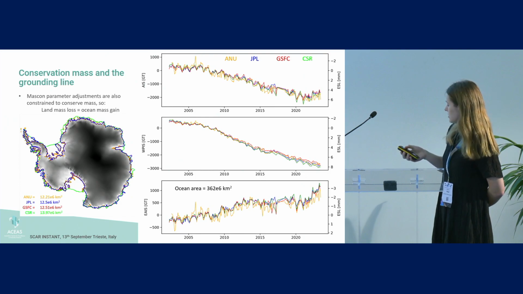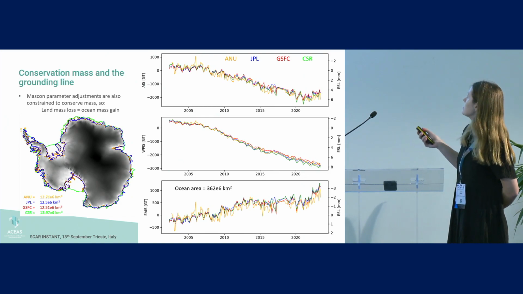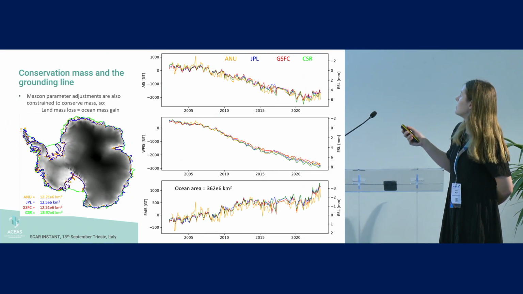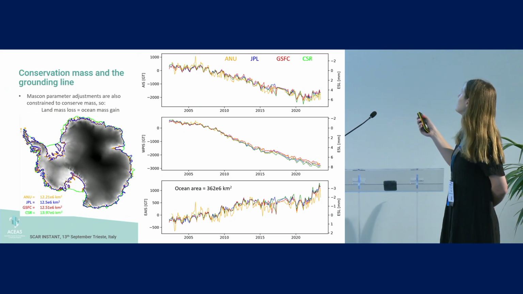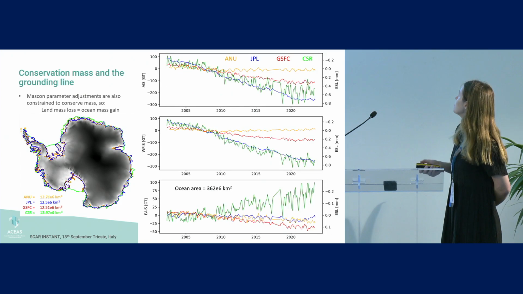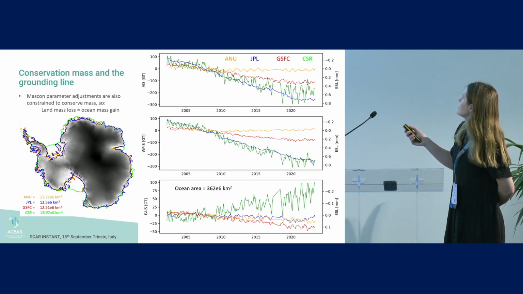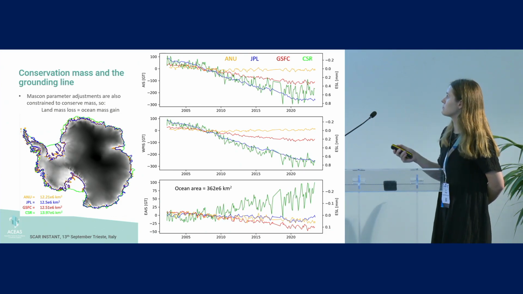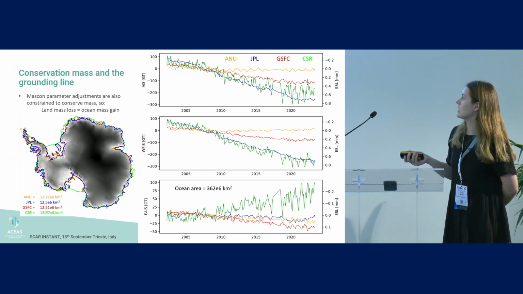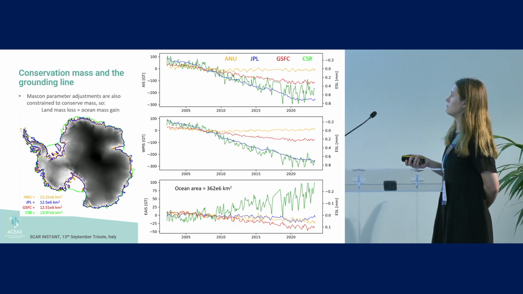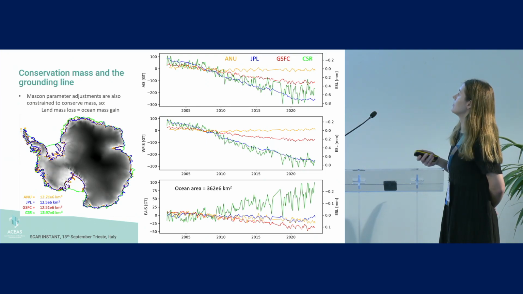What's important here is that if we use a consistent coastline, we end up agreeing much more closely. And you can see that in these differences here. The largest differences are for the Center for Space Research solutions, which makes sense because what they define as being Antarctic ice sheet is a much larger area than the other solutions.